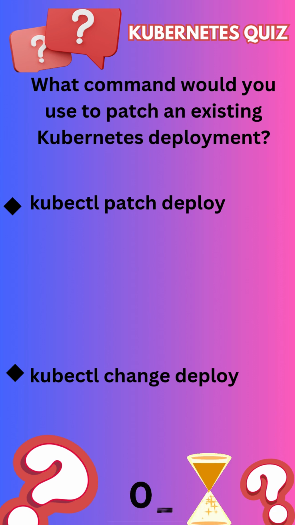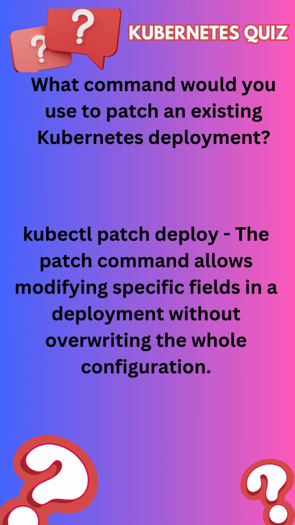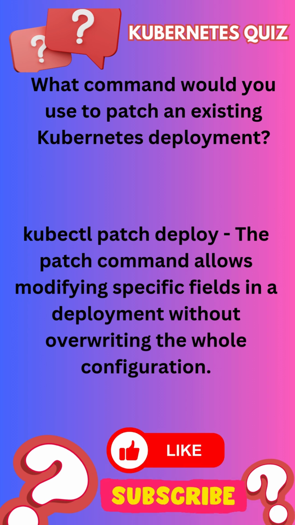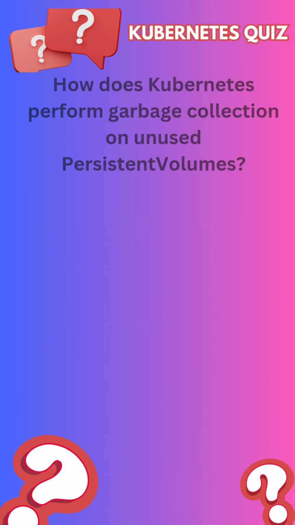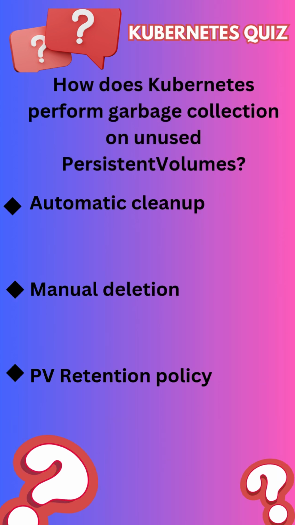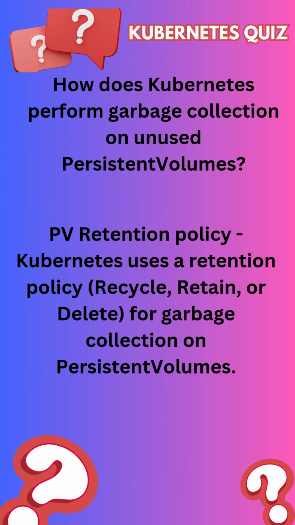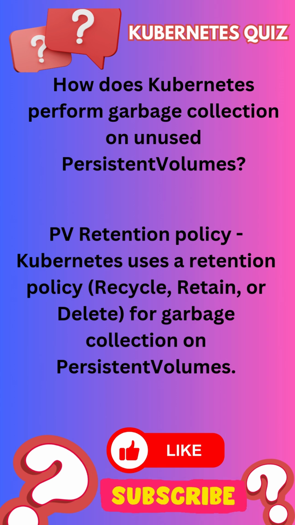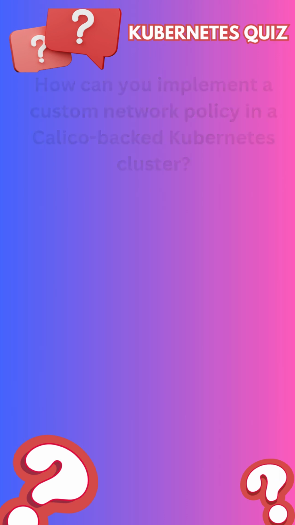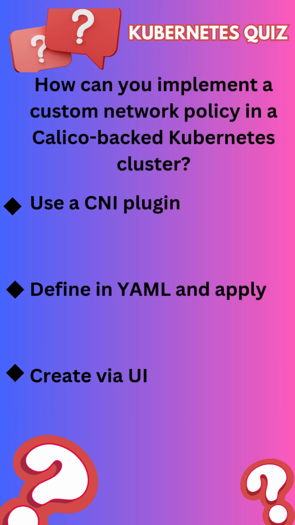How does Kubernetes perform garbage collection on unused persistent volumes? How can you implement a custom network policy in a Calico-backed Kubernetes cluster?